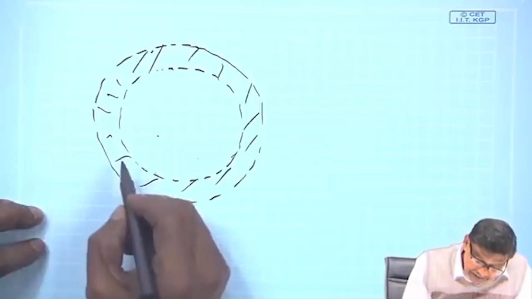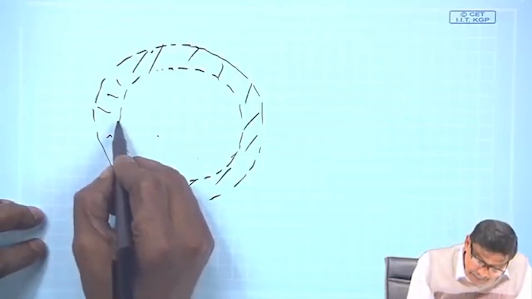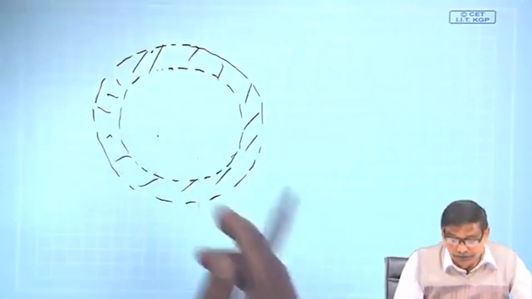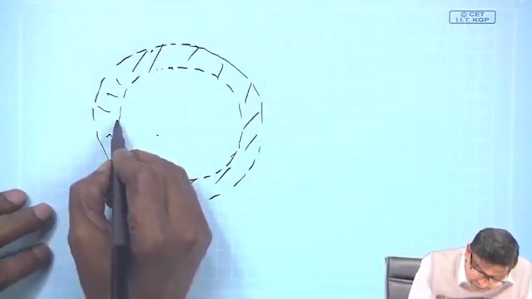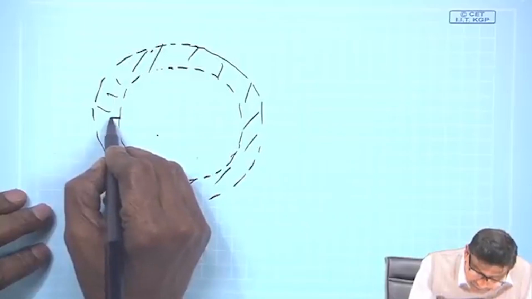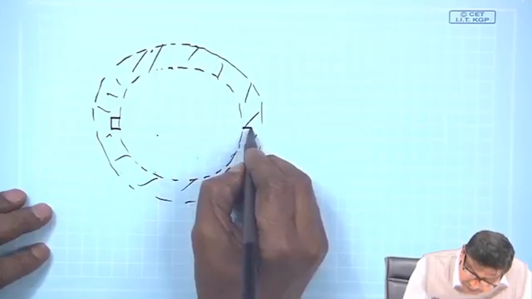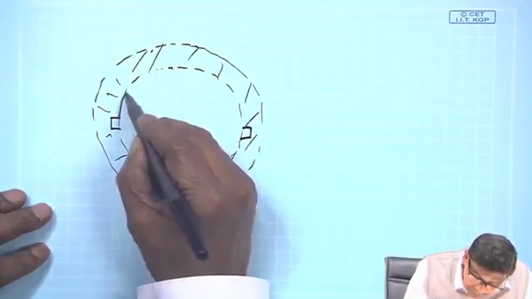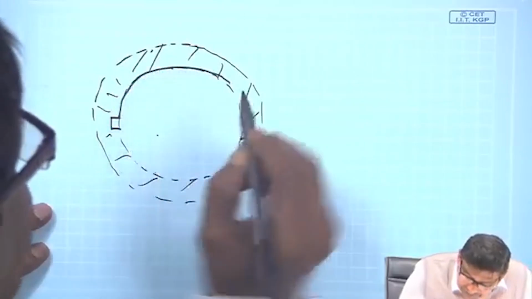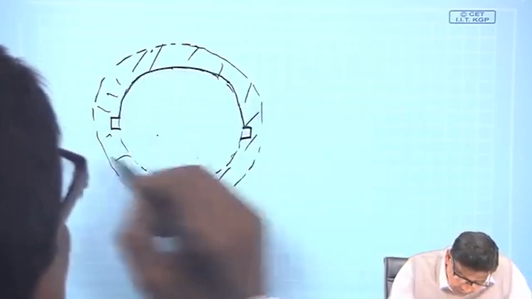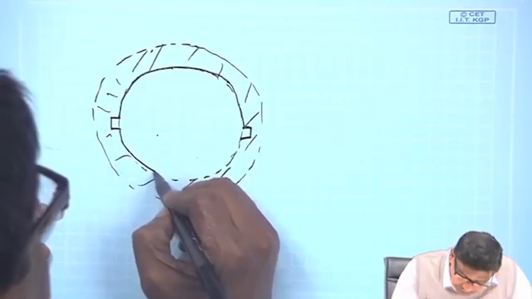Now, instead of projected poles like this, I can cut slots here, and here is another slot. So, this is the stator, only a pair of slots.